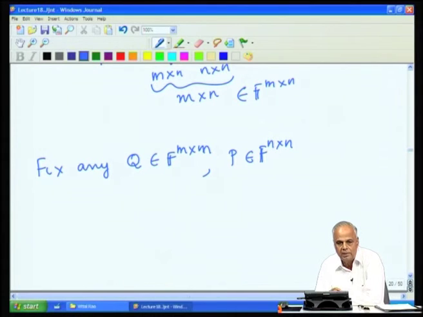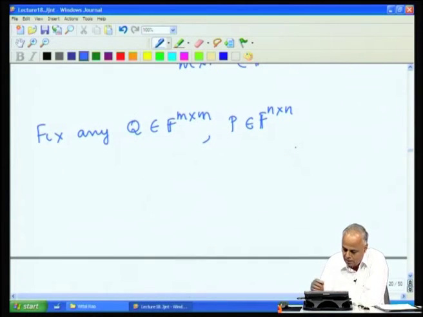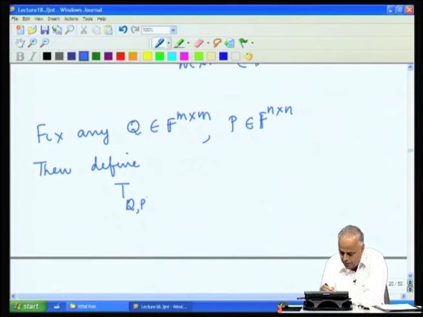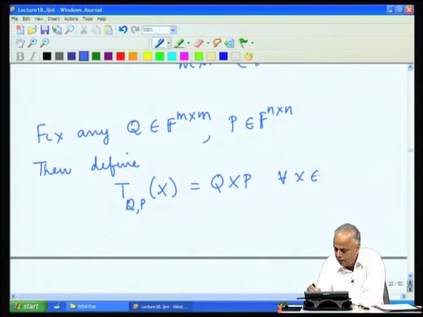Q is of the row size of the space we are going to choose, and P is of the column size. Then define T q p of x to be, you left multiply by q and right multiply by p for every x in F m n.